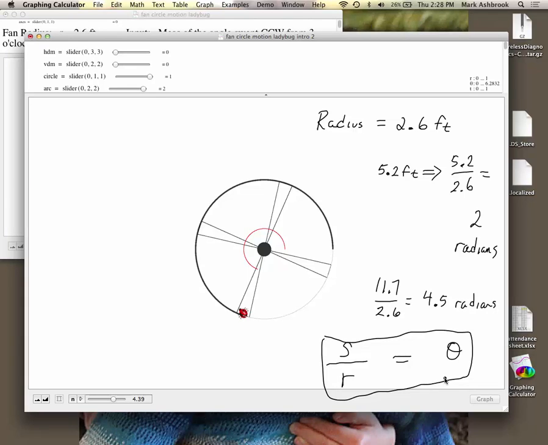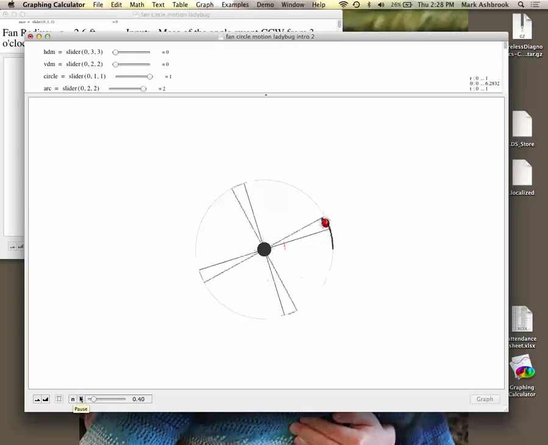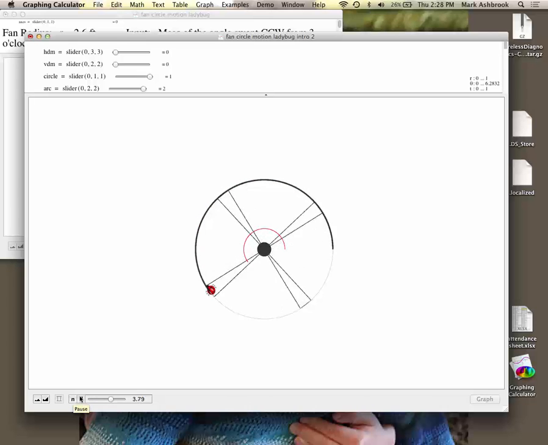All right, so we're going to start working on tracking the location of the bug as it starts moving from the 3 o'clock position. We're going to build some functions.